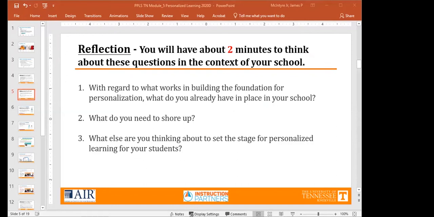Give some thought and maybe take a note or two about what works in building the foundation for personalization. What do you already have in place in your school? What do you need to shore up? And what else are you thinking about in order to set the stage for personalized learning for your kids? So I'll give you about 2 minutes just to think on that, and maybe take a note or two, and we'll have some time for small group discussion again in a little bit after our next segment.